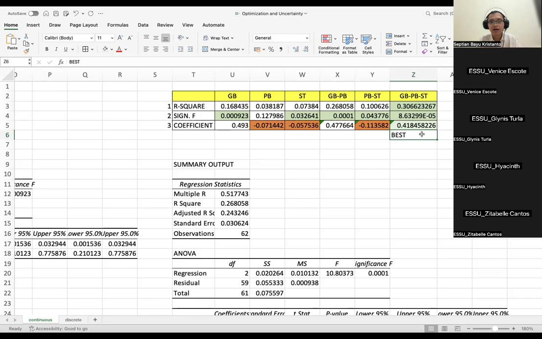So for the next meeting, or for the next exercise, we still miss one formula, the combination between government bonds and stock. Government bonds and stock. We missed that.